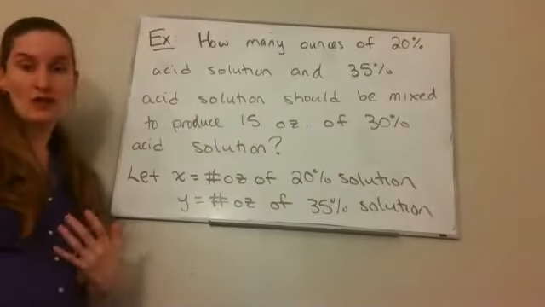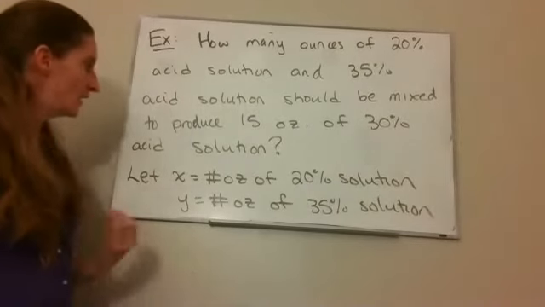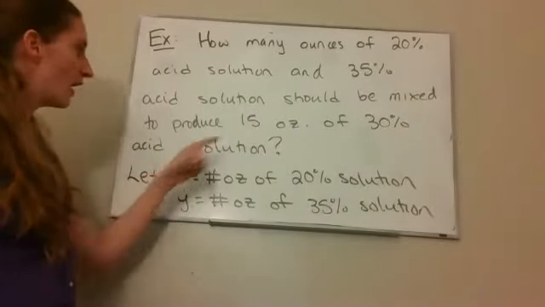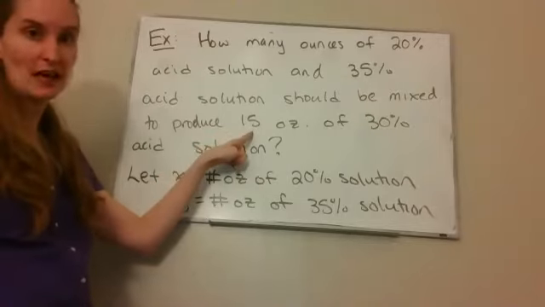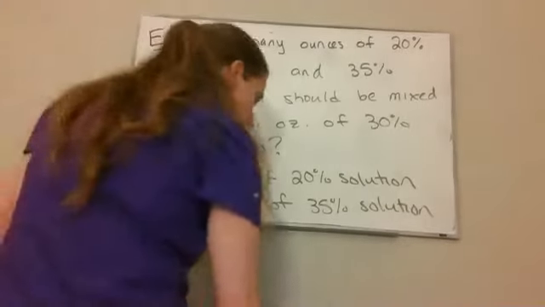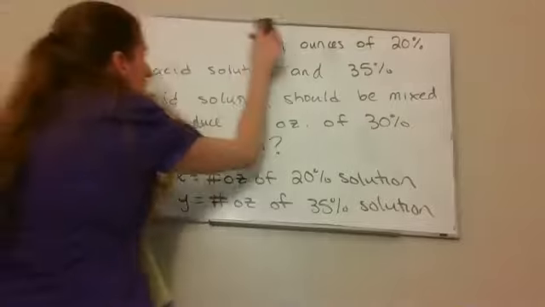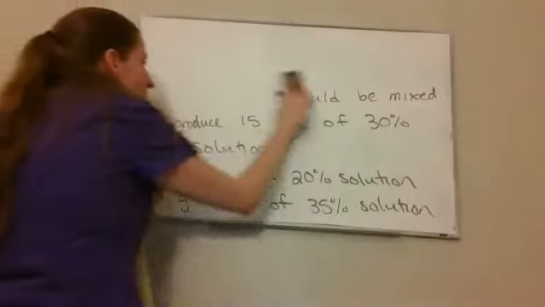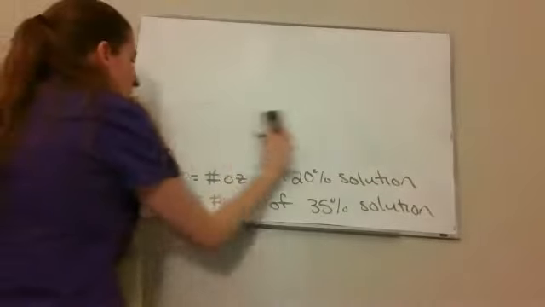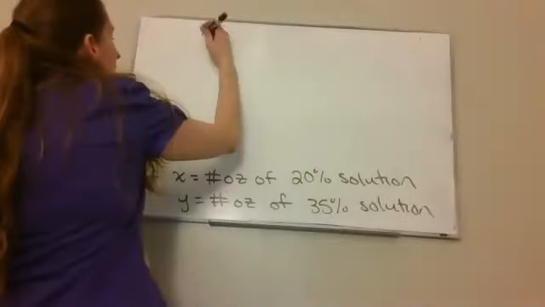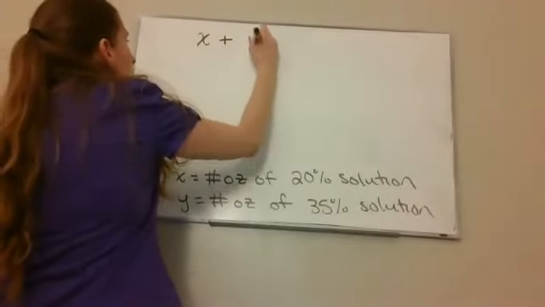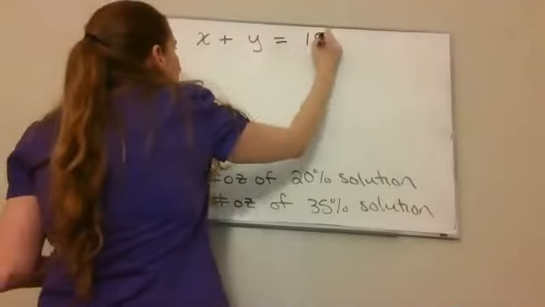Now, one of the equations that I know for sure is that x plus y has to equal 15 ounces. So I have one equation dealing with the total number of ounces: x plus y equals 15.